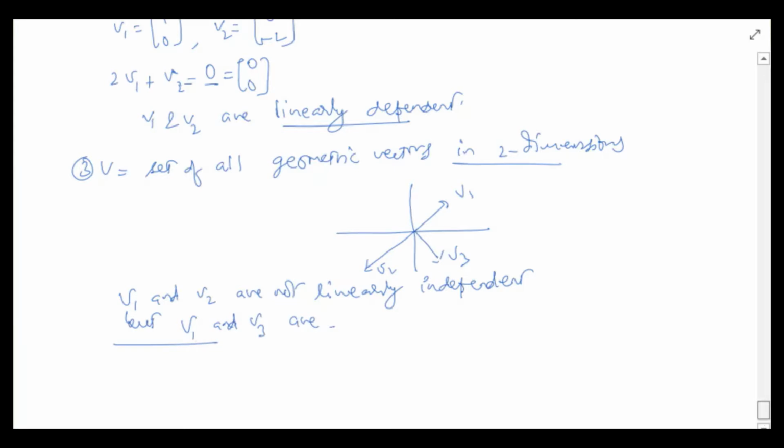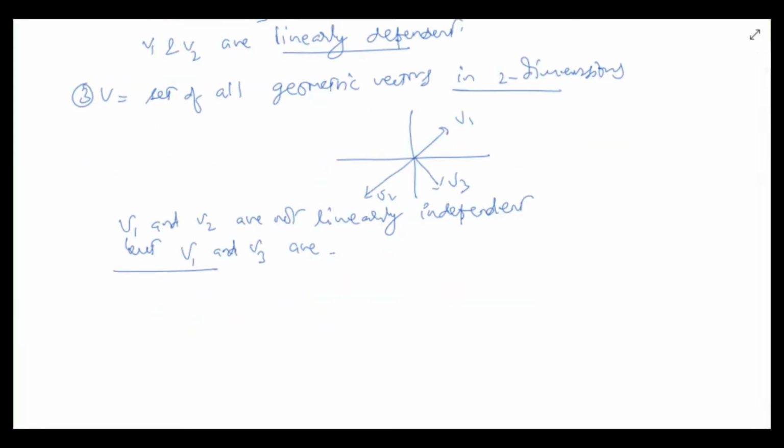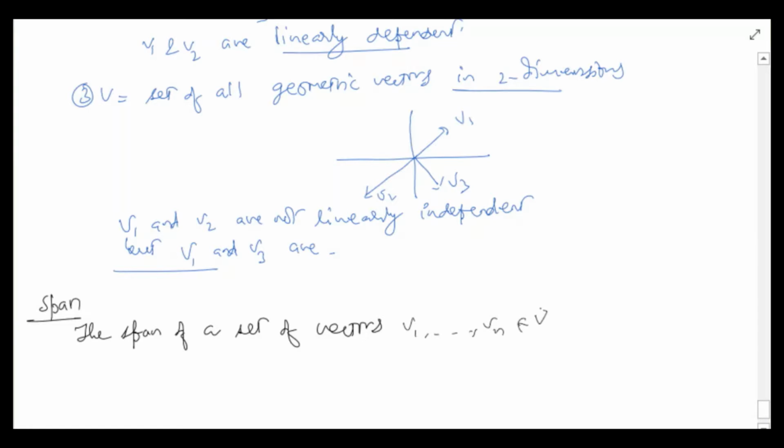Next, I'll define the notion of span of vectors. The span of a set of vectors V1 dot dot dot Vn in V is the set of all linear combinations of these vectors.